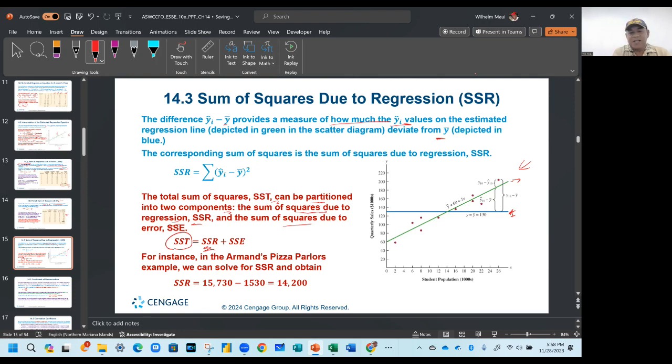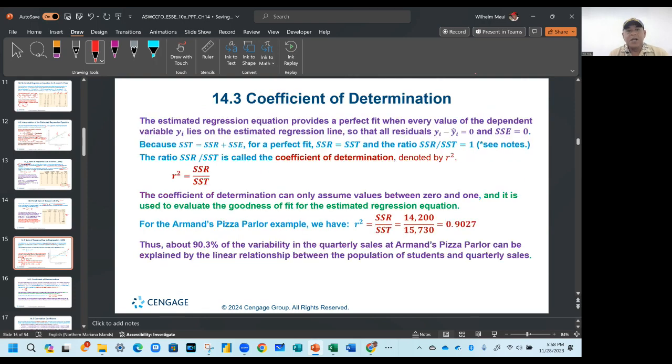That's what we're saying here. Okay, and then you substitute the values into it. Because we already know the total sum of squares and we've computed the sum of squares due to error, take the difference and you get your sum of squares due to regression, or the other way around. If you compute your SSR and your SST, then your SSE is computed by just taking the difference. Okay, and so now what is the coefficient of determination?